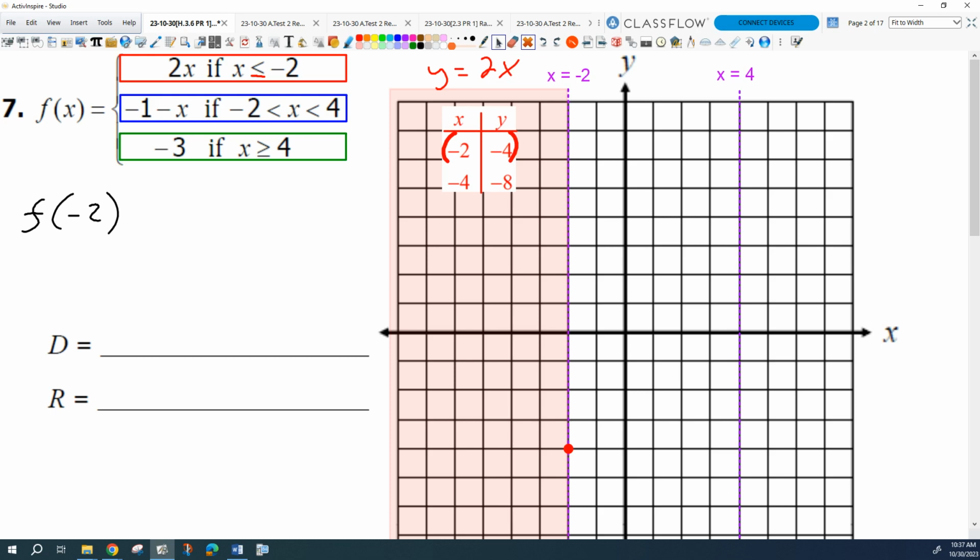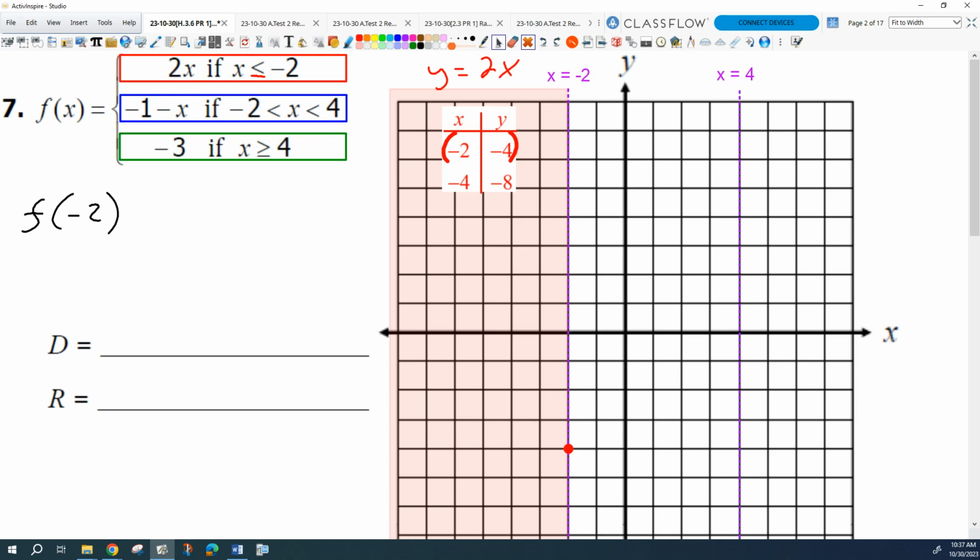So if I'm plugging -4 in, you have to ask yourself which of these domains it fits into. Well, it's going to be the red one, because -4 is less than or equal to -2. Whenever you're evaluating a piecewise function, that's always going to be step one: which row am I plugging that number into? And then it's easy, it's just like a regular evaluation problem.